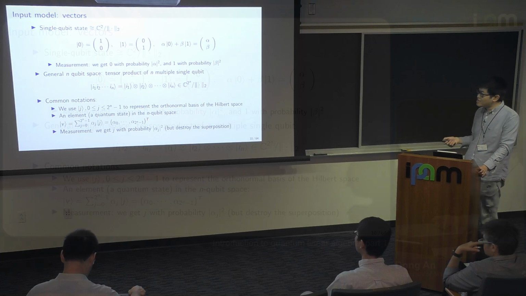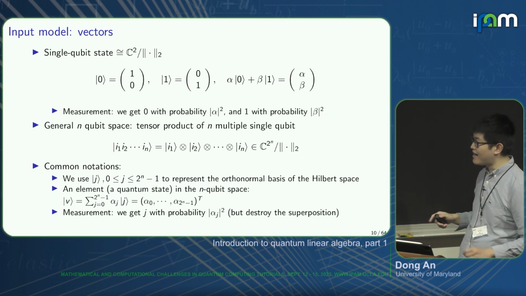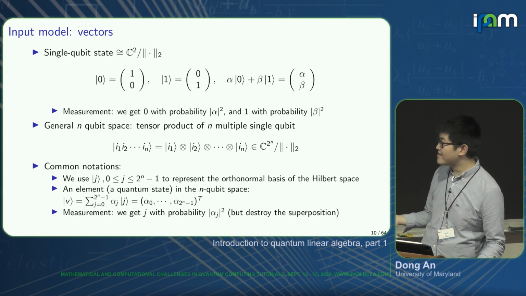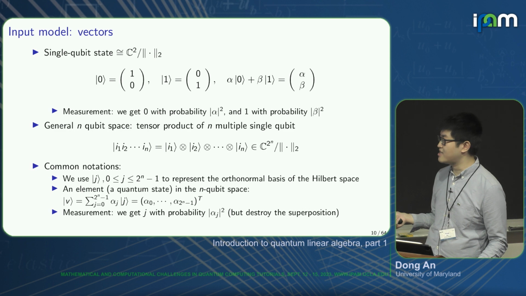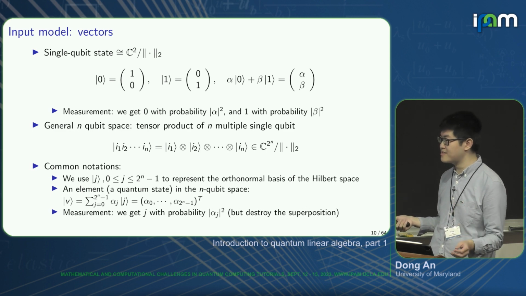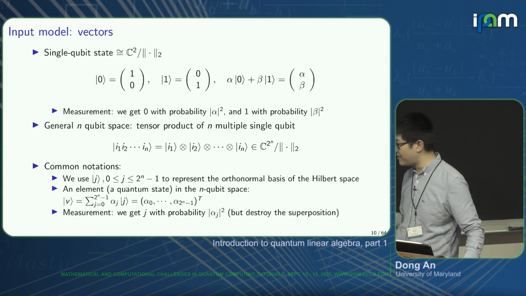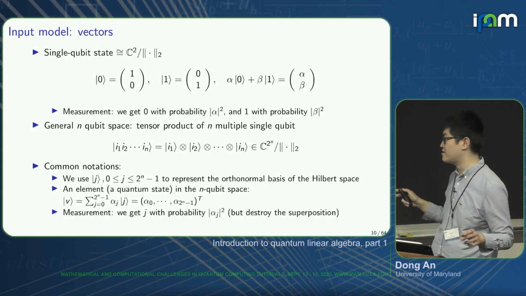In general, we will write |j> to be an orthogonal basis of the entire Hilbert space. You should understand this as having a binary representation of the integer j, and for each digit of the binary representation, you use a single qubit state to represent it, and then take the tensor product together.